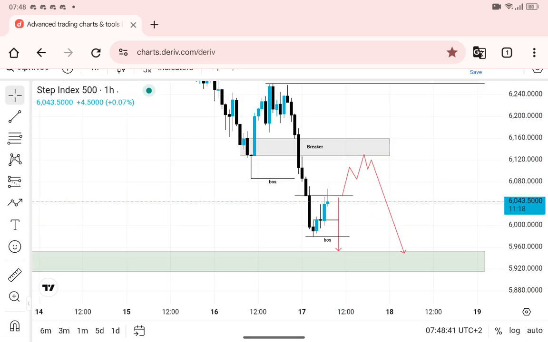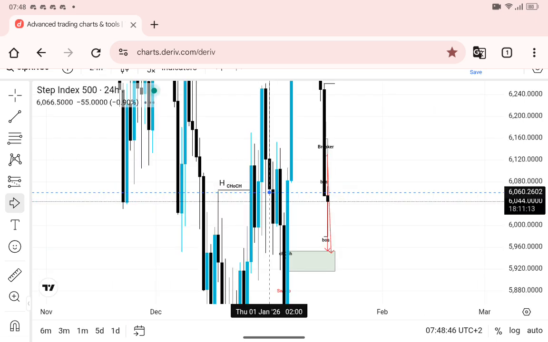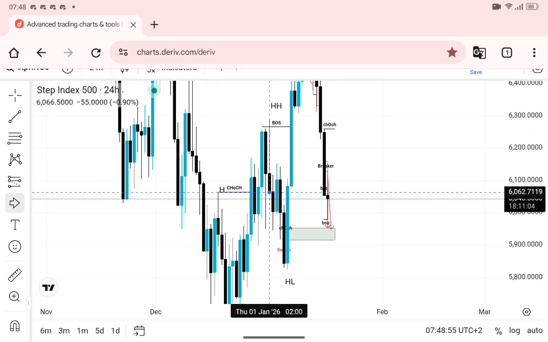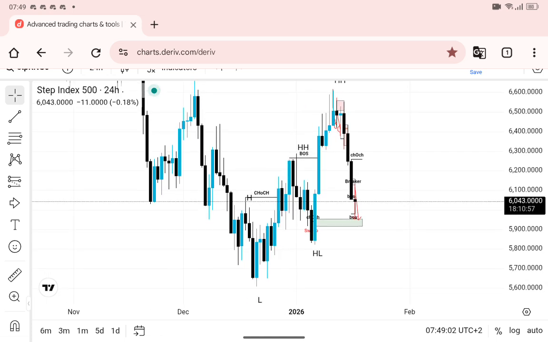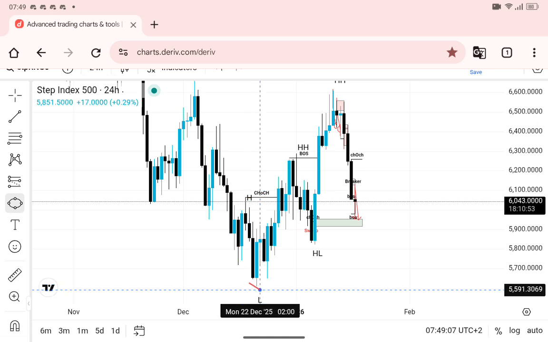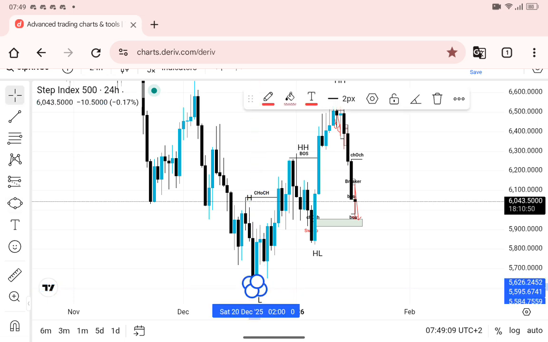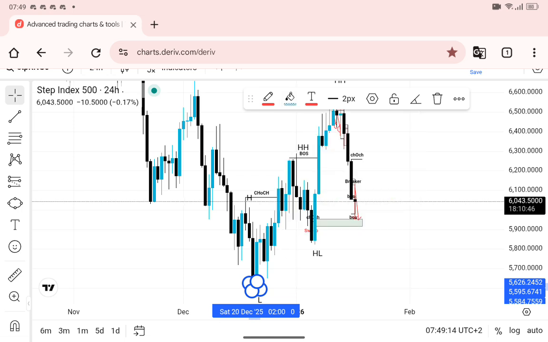Because now if you look at the internal structure, okay, let's go back to 8 hour. The reason why I like 8 hour is it's more similar to daily. And like I said, I don't want this long. So we have this one here as our major swing low. Because now this is an external structure, right?